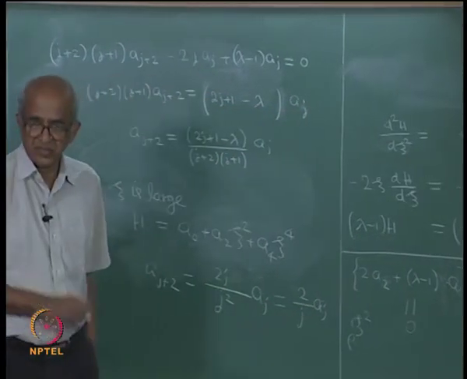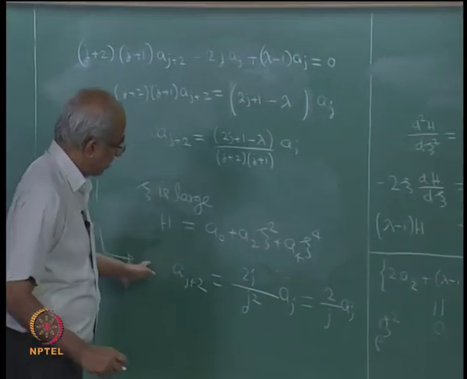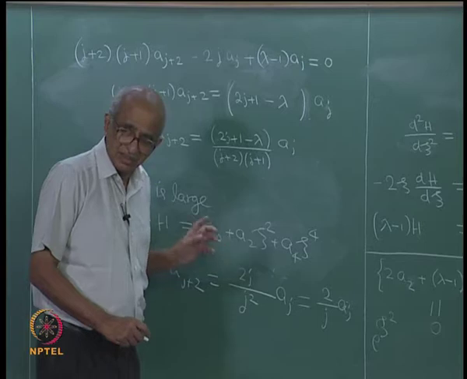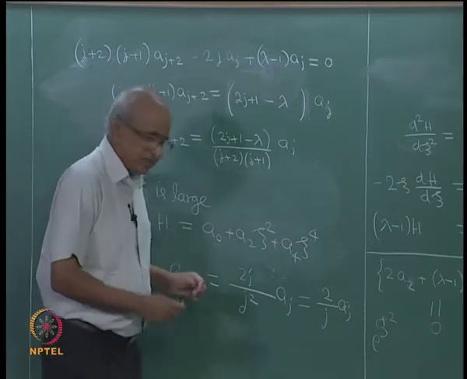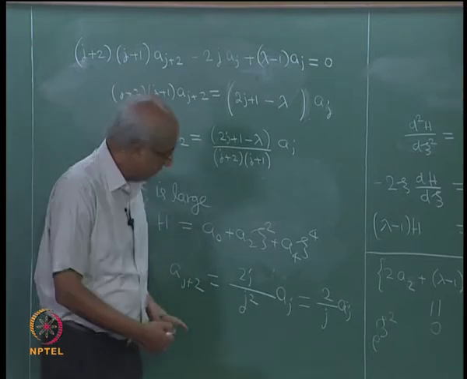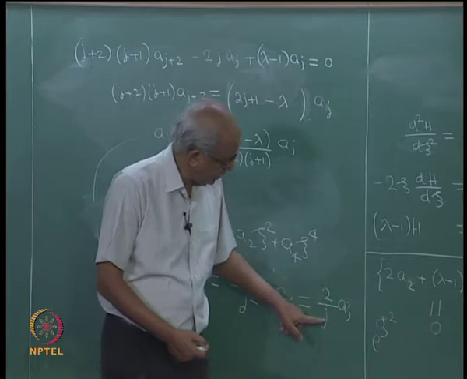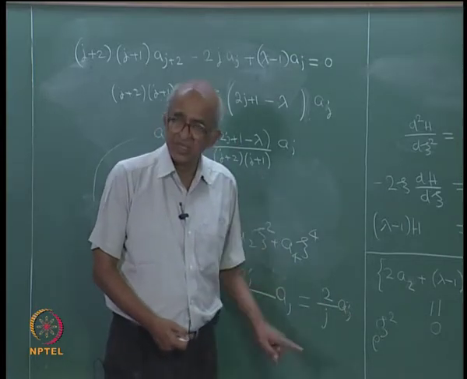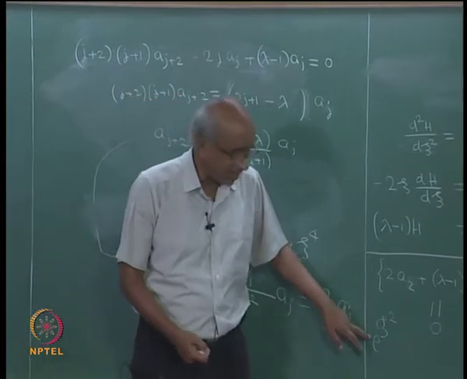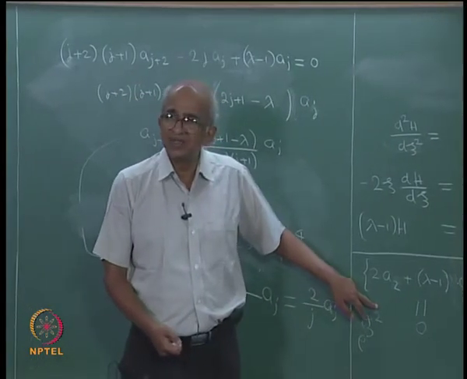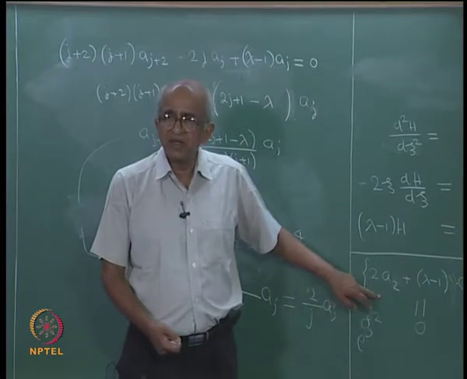That is the claim, that is what I am going to claim. If I have an infinite series where for large values of C, the recursion relationship is given by AJ plus 2 equal to 2 by J AJ, then my claim is that the series for large values of C will behave like e to the power of plus C square.